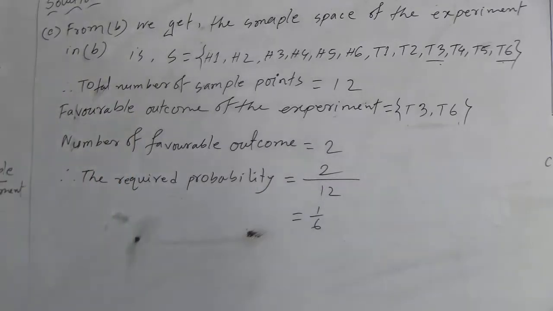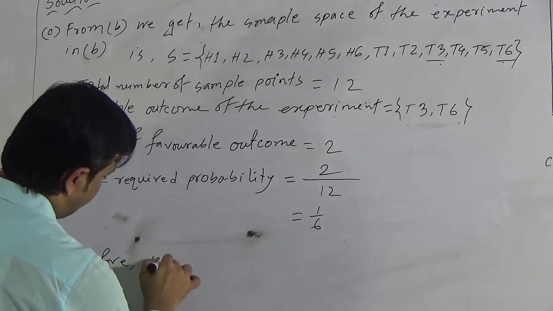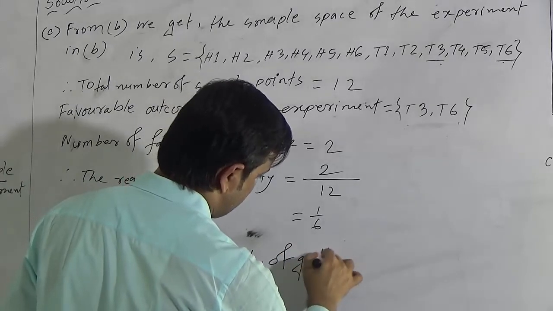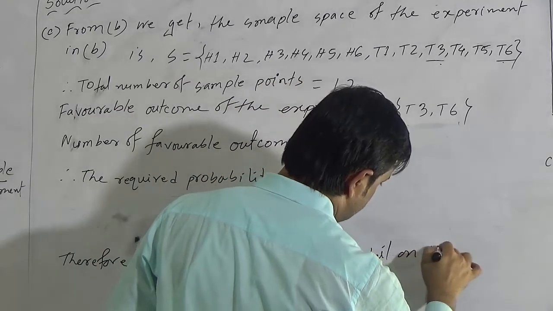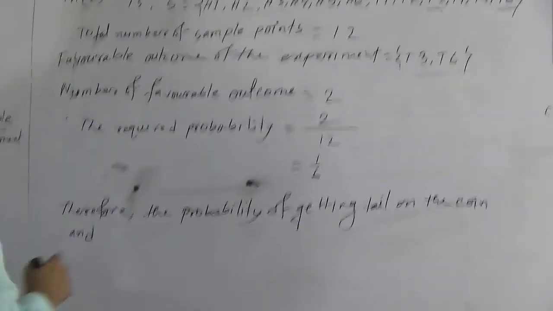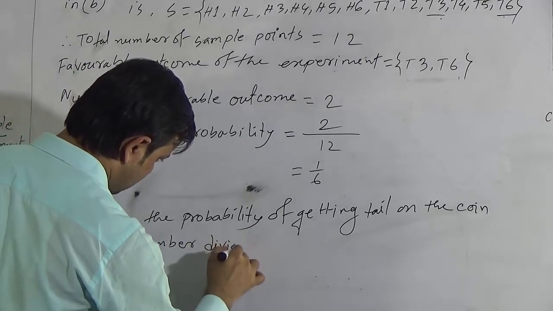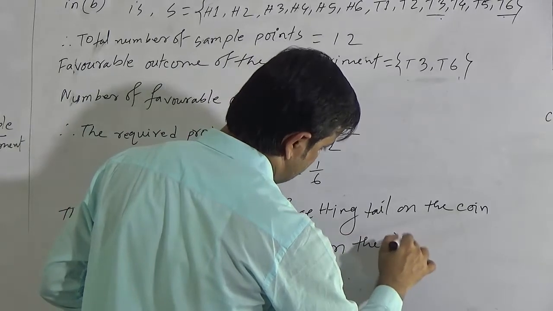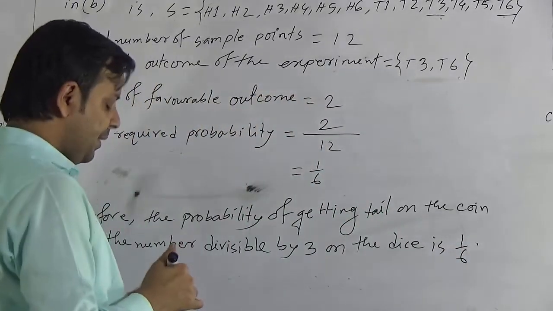Therefore, the probability of getting tail on the coin and the number divisible by 3 on the dice is 1/6. This is the required probability.